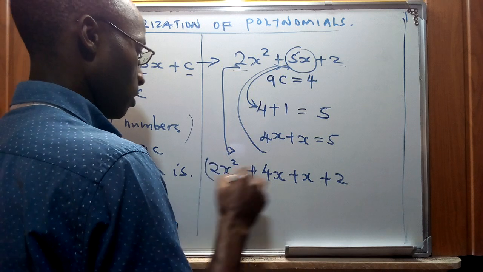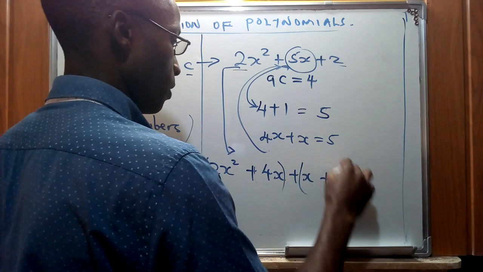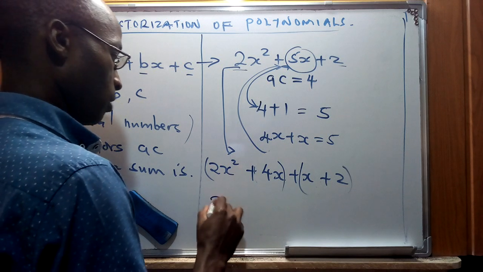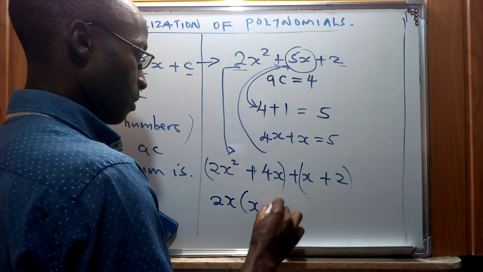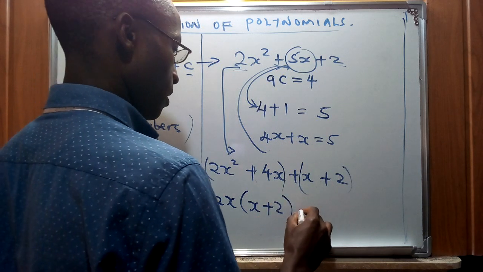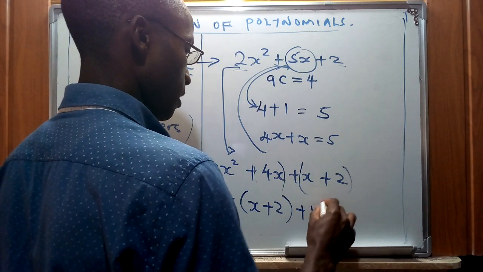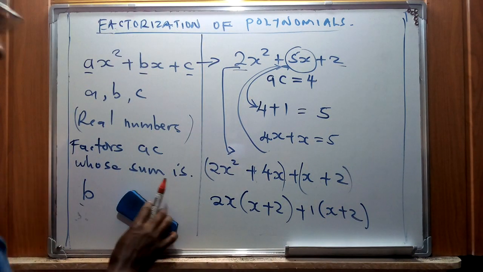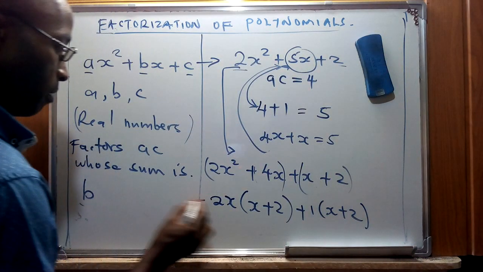So I'm going to do this like this, grouping. So therefore I factor out the greatest common factor, which is 2x, into x plus 2, and then for the second one, this is just basically going to be 1 times x plus 2.